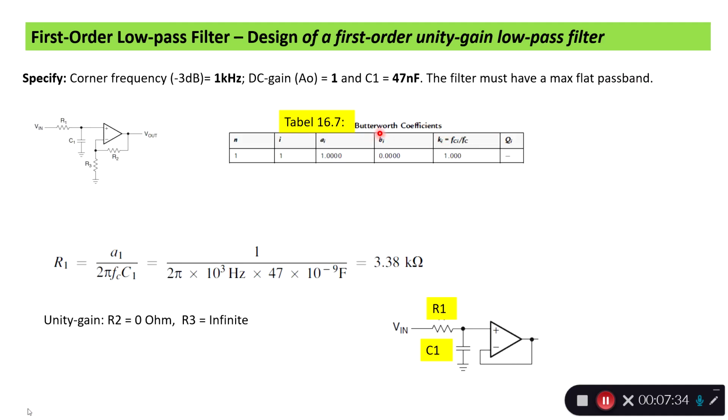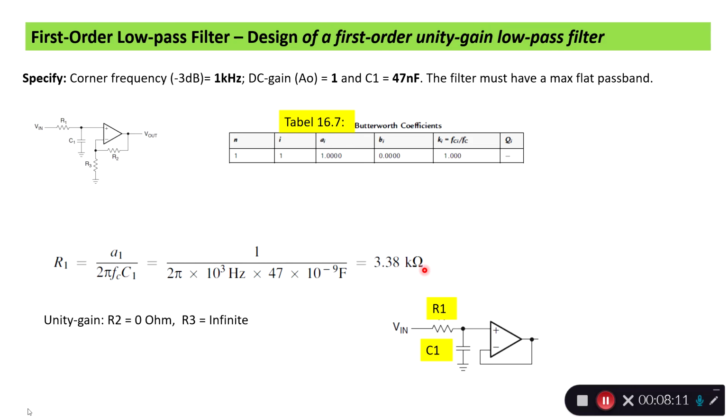So we go in and use the Butterworth coefficient, our circuit, and since we have this information here, we can now calculate R1. We know A1 from the filter, it's a 1, and 2π, that's of course given. Then we have a corner frequency of 1 kilohertz, that's this value here, and 47 nanofarad, they are given here. Based on this calculation, we find it's 3.38 kilohm.